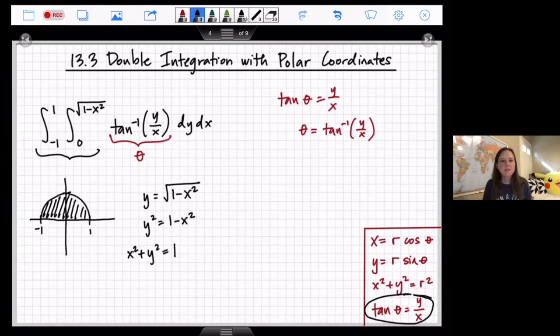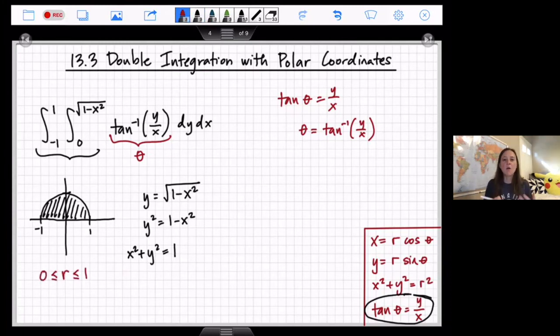Representing this region is kind of clunky with rectangular coordinates because you end up with that square root of 1 minus x squared. It's really nice, actually, when we think about it in terms of polar coordinates, because that region is covered by all points in polar coordinates that have a radius from 0 to 1. So we could think about this as all the points that are trapped between an r value of 0 and 1.